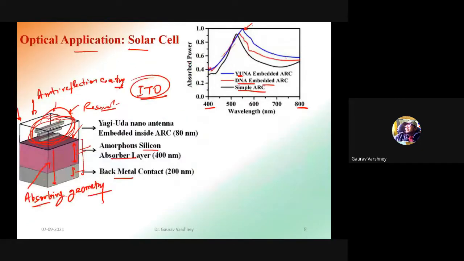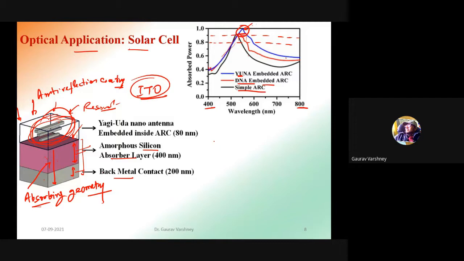Suppose we are utilizing this for a solar cell. This is, you can say, more than 80% or 90%. This absorber is providing maximum absorption within this frequency spectrum only.